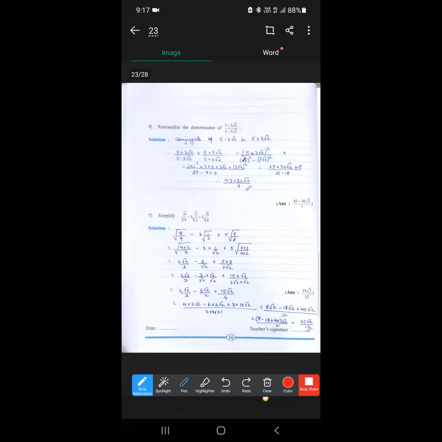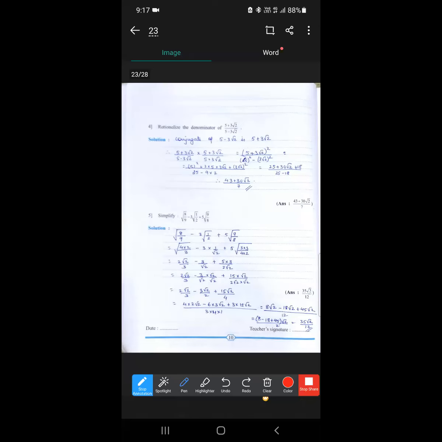So students, what is the very important step? Whatever there is in the denominator, you have to take the conjugate of that particular denominator. Now, what is the meaning of conjugate?